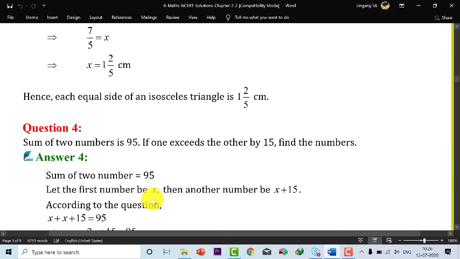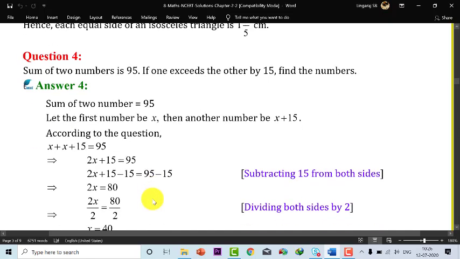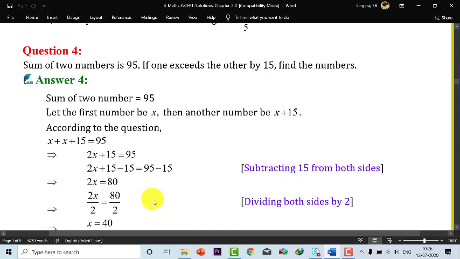If one exceeds the other by 15, consider the first number as x, then the second number, exceeding it by 15, will be x plus 15. According to the question, x is the first number and x plus 15 is the second number. The sum of these two is 95. So x plus x is 2x plus 15 is equal to 95.